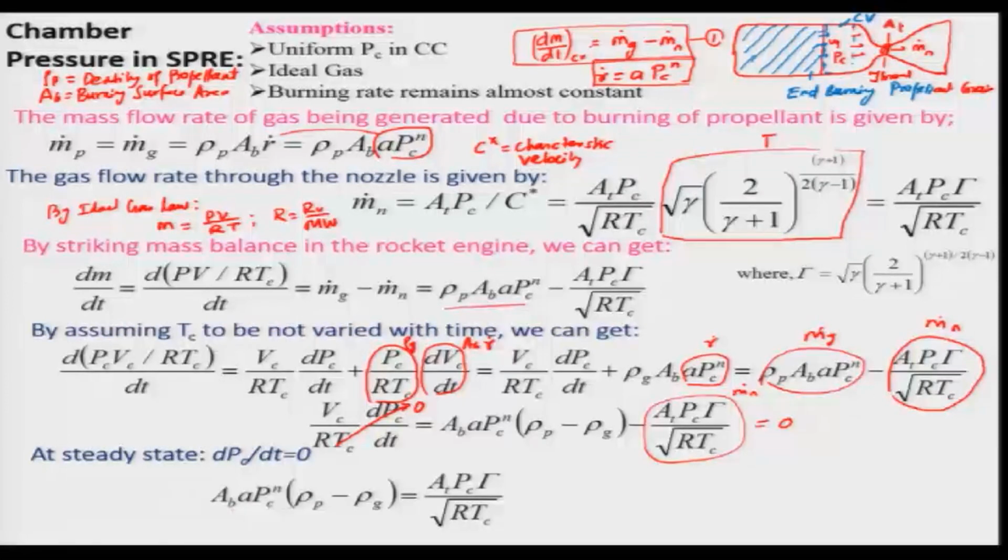Therefore, this term will be A_B a P_C to the power n rho_p minus rho_g equal to 0.